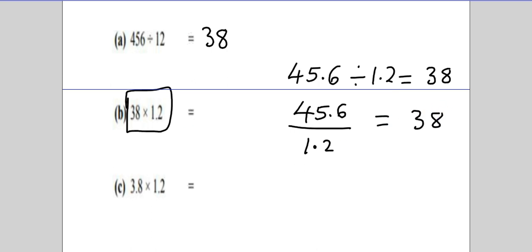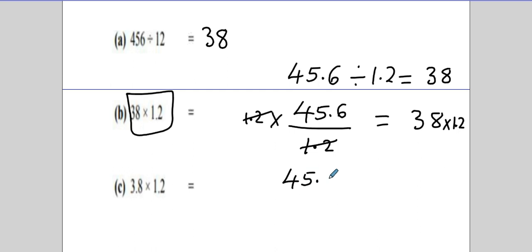Now we are looking for 38 times 1.2. In other words, multiply this equation by 1.2. See that? So this 1.2 will cancel. We're going to remain with 45.6 equals 38 multiplied by 1.2.